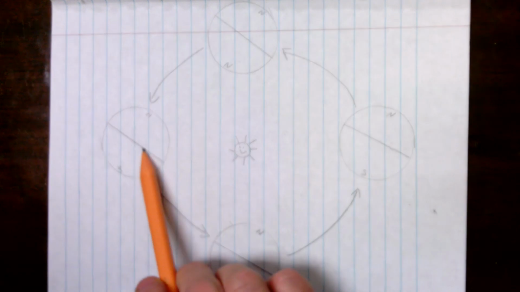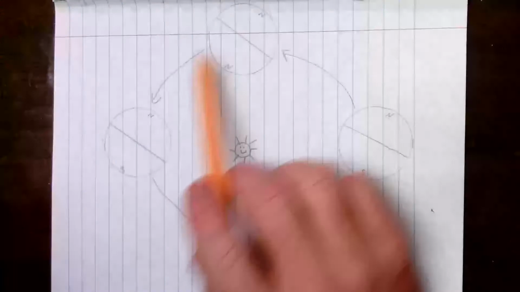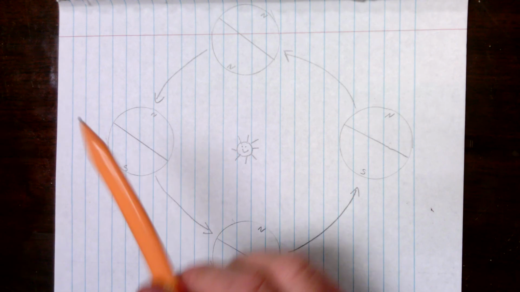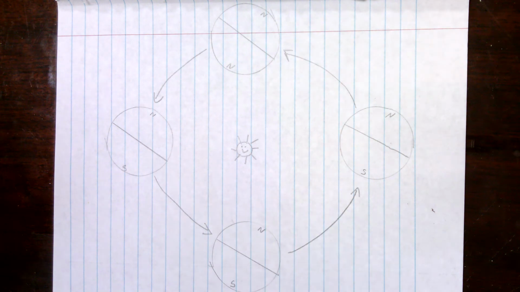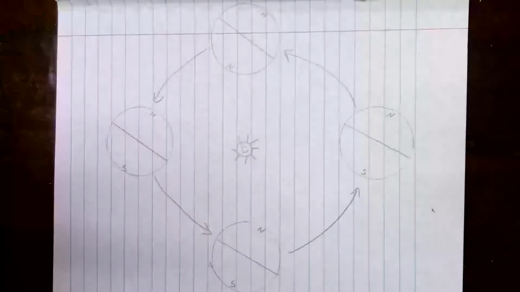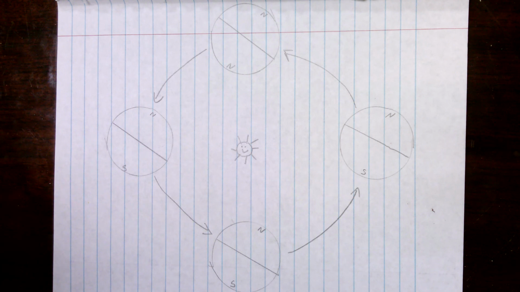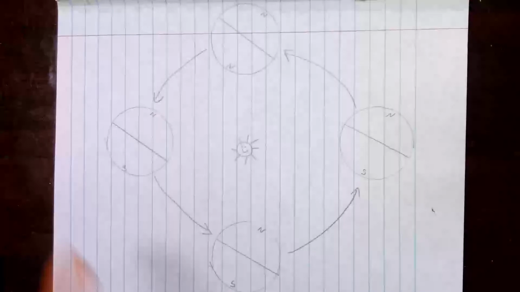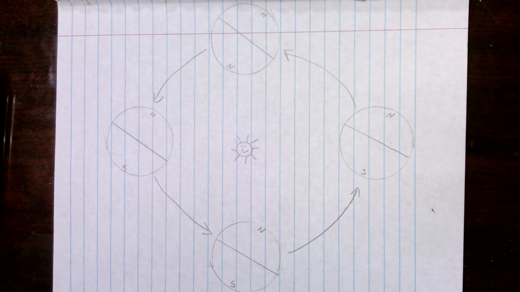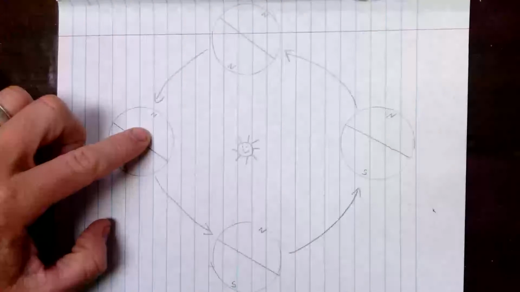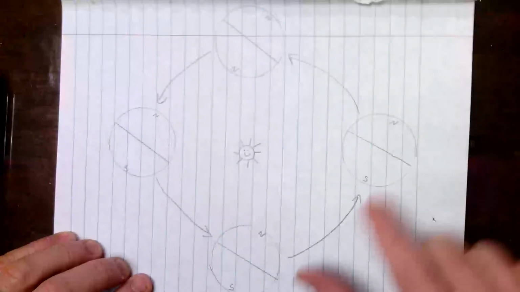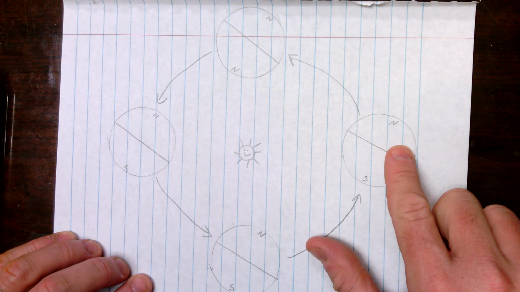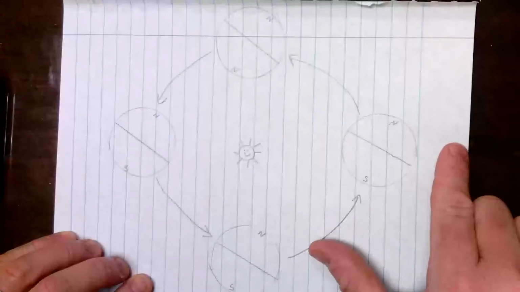And the Earth does this every year. It starts off here, goes around the sun, and winds right back up where it started. Say January 1st. It's going to go around and be back at January 1st at some point. So here we go. We've got my Earth, and it's tilted as it's going around the sun. Now, what that does for me is it means that part of my Earth is tilted towards the sun at one part of the year, and at the other part of the year, it's tilted away from the sun.